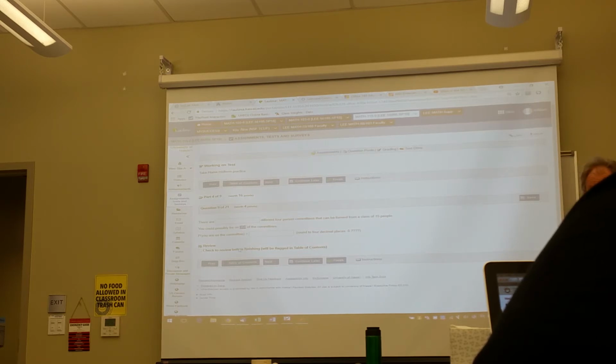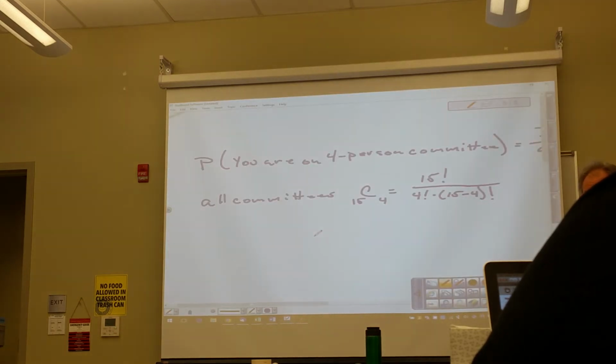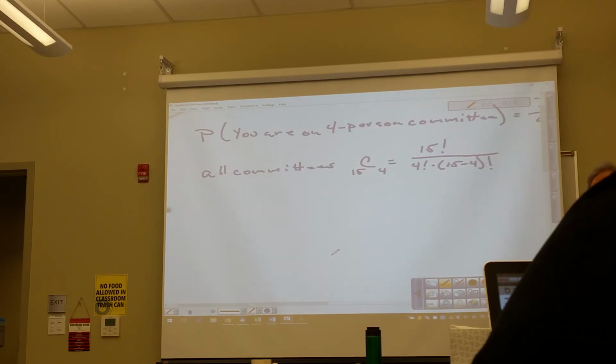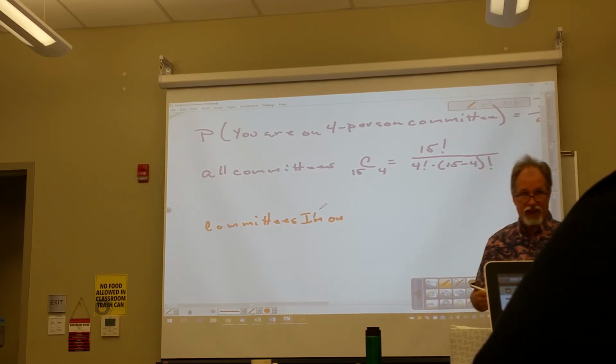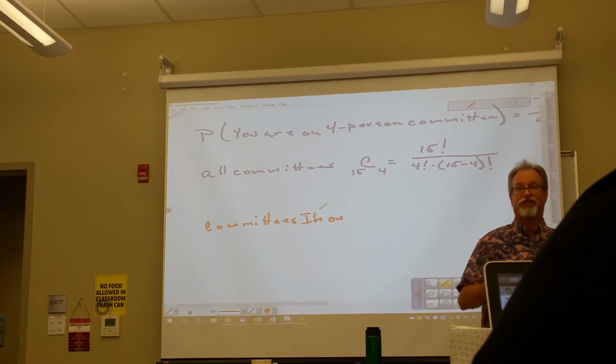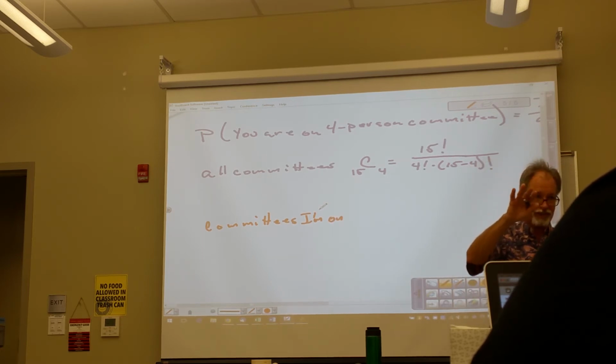If I didn't give you that, this is all the committees I could form. How many committees would I be on? That's the part I was trying to figure out. If I calculate this correctly, I told you it was 364. That was a mistake because I evidently typed the wrong number in, changed the problem or something.